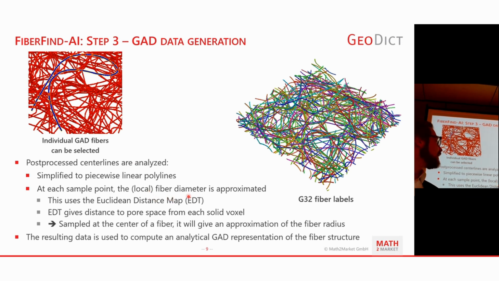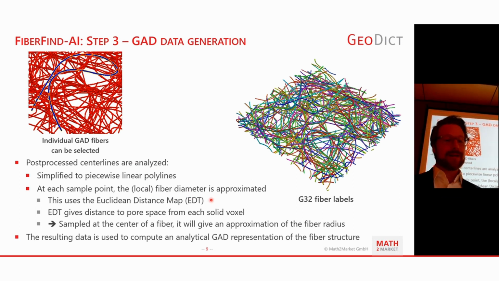Some people might have had contact with that in GeoDict because it's used in other modules as well, for example in PoroDict for pore size analysis. The Euclidean distance map gives you, for each voxel within a solid phase, the Euclidean distance to the background, to the void space, basically.